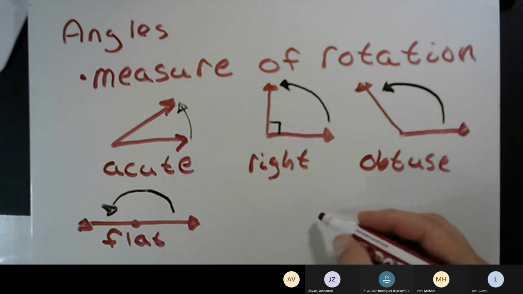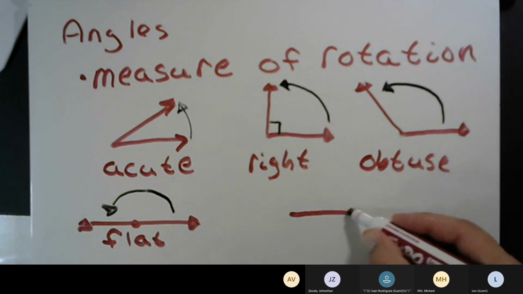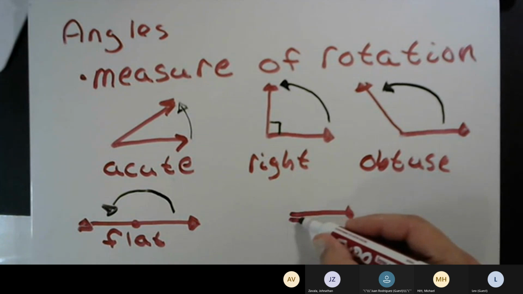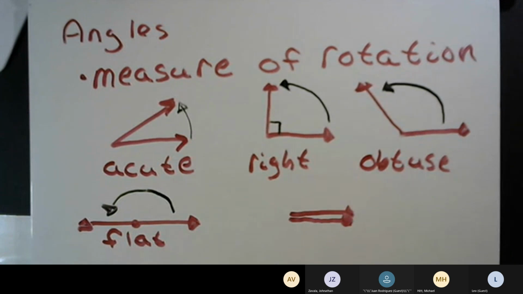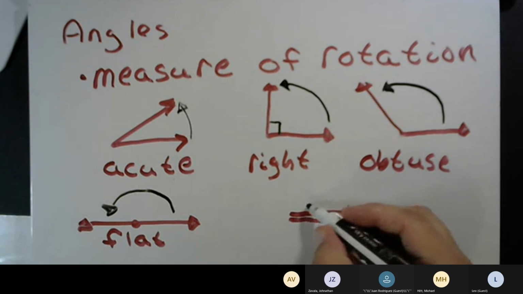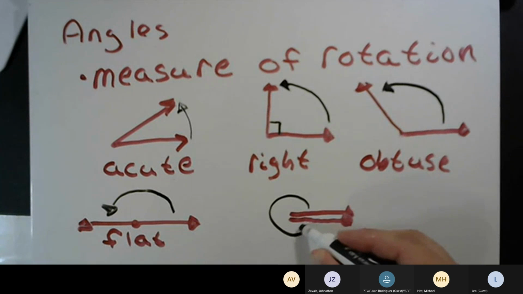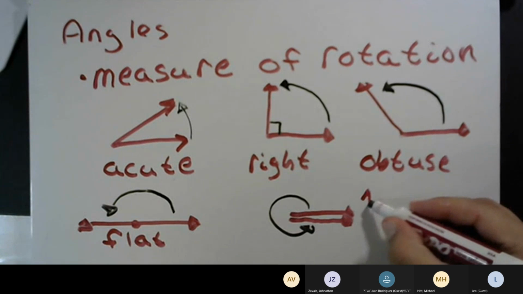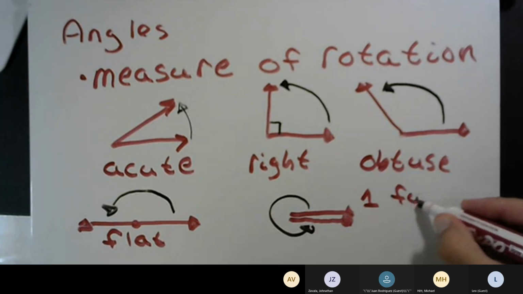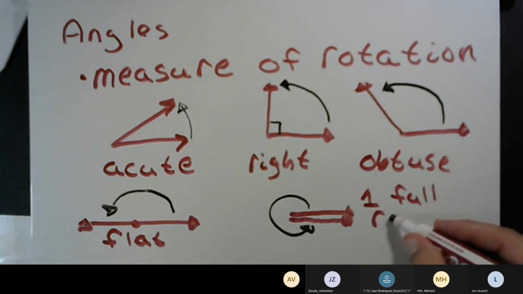Finally, and this one can be a little tricky to draw because you've got the two legs right next to each other, but one is going all the way around. And this is what we call one full rotation.